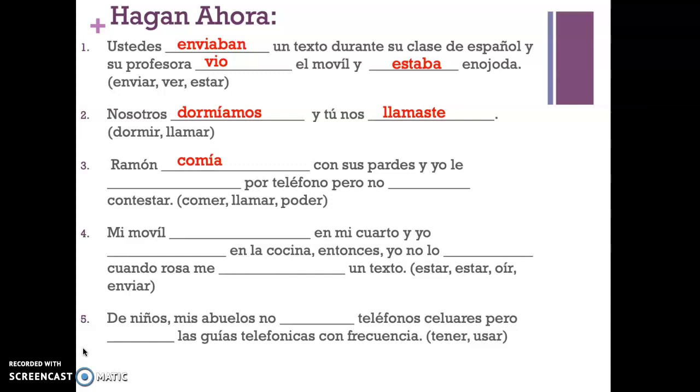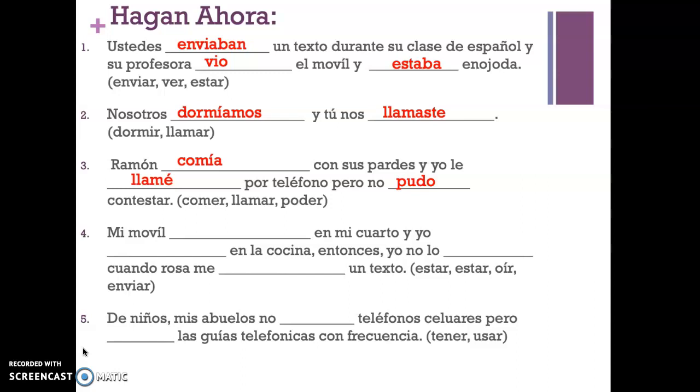He was eating with his parents, and that was ongoing. That was interrupted by your phone call. I called him. I only called him once. So that's going to be a preterite tense conjugation. So llamar becomes llamé. But he was unable to answer because he was eating is still a preterite tense conjugation. He didn't answer the one phone call once. So poder becomes pudo. He was unable to answer.